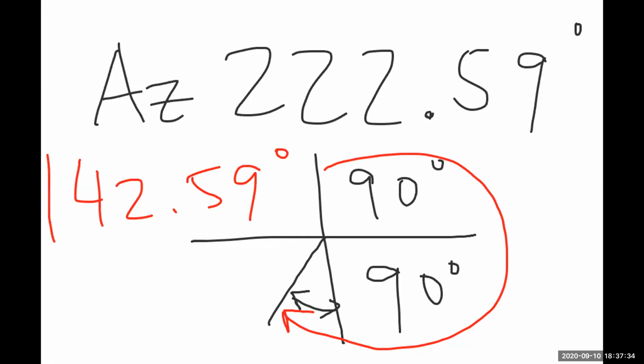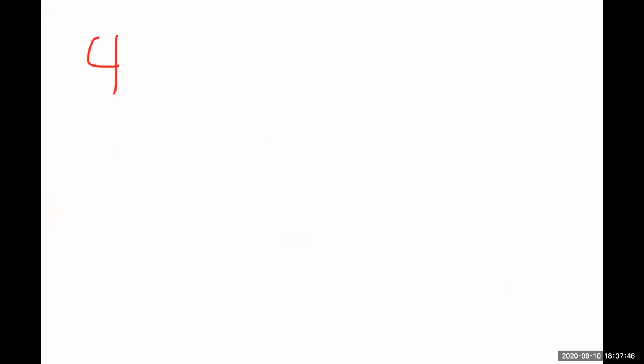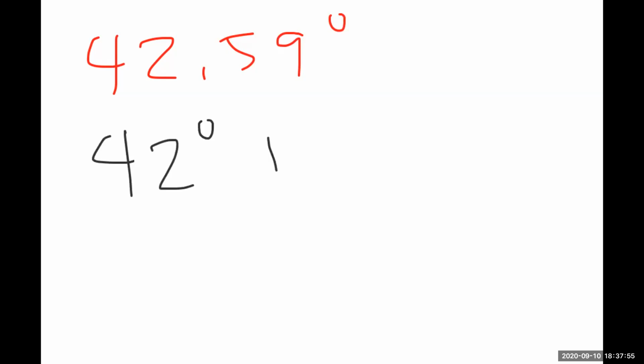So I'm going to use this component to calculate my bearing, okay? Alrighty, so 42.59. So I have 42 full degrees, and I have 59 hundredths partial degrees, okay?